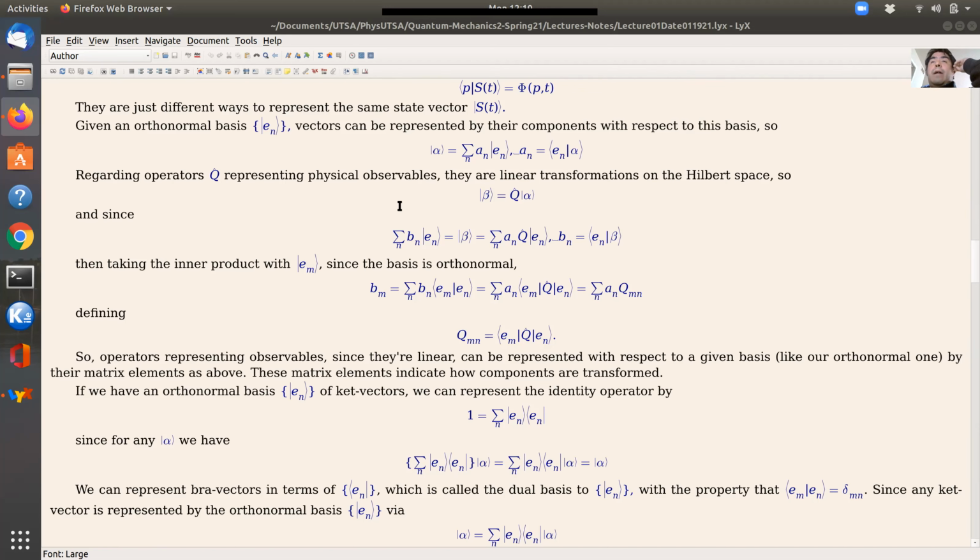And we can also define operators representing physical observables, and they will be considered linear transformations on the Hilbert space. So you start with a, say, vector alpha, you apply the linear operator Q that represents a physical observable, and you'll end up with vector beta. Of course, the linear operators have some properties that I will mention in a second.